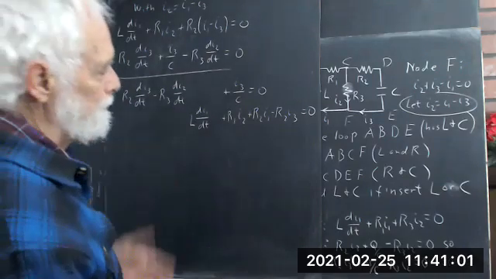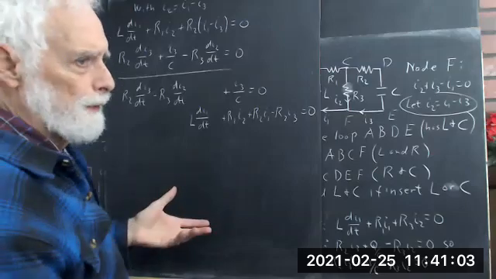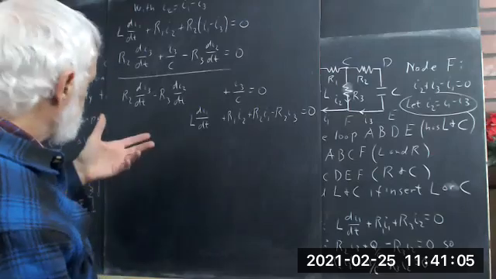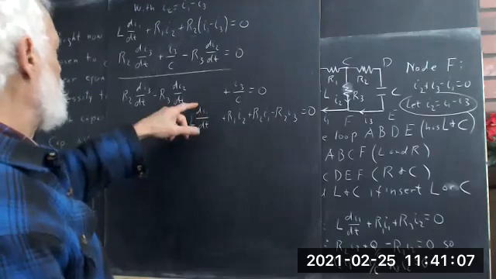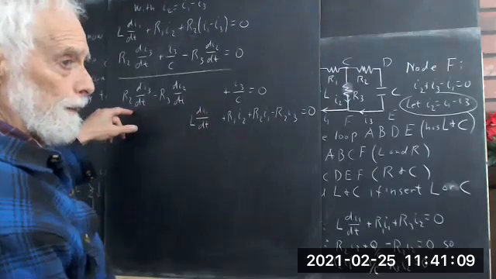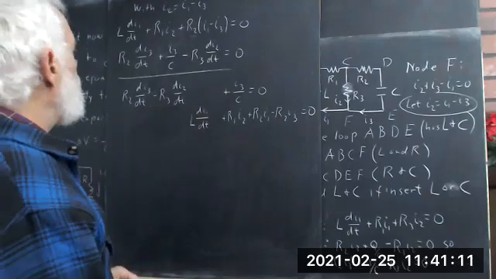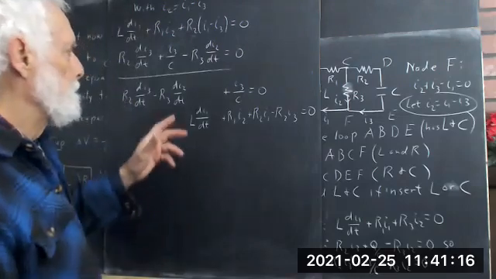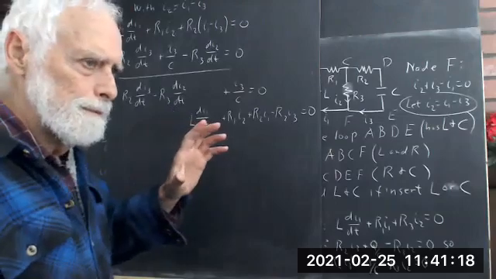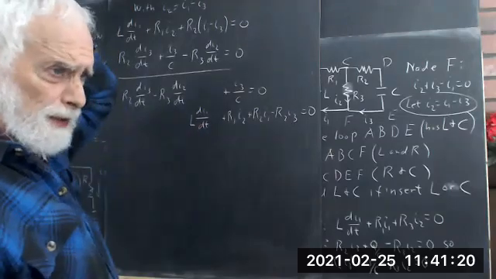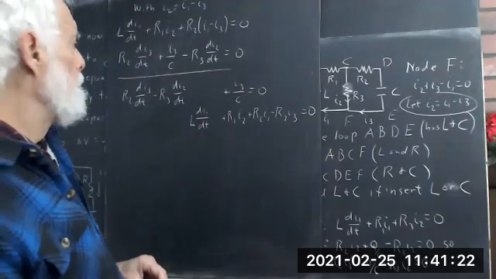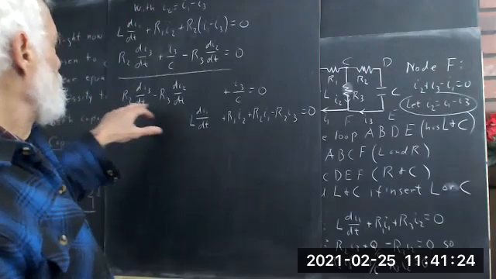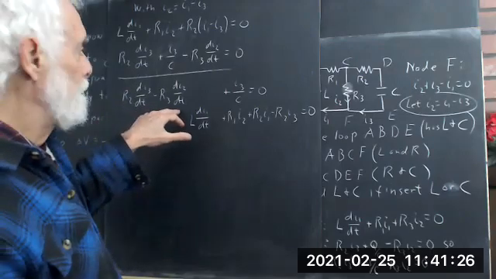Now, what I probably should have done is ordered things with I1 first, I2 second, I3 third. What I have is a system of non-homogeneous equations. I could write my derivatives here.